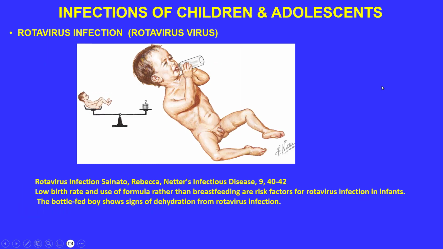Okay? And here you see a child heavily emaciated. Low birth weight, or use of formula rather than breastfeeding are risk factors for the rotavirus infection in infants. You have this bottle-fed boy showing signs of dehydration from a rotavirus infection.